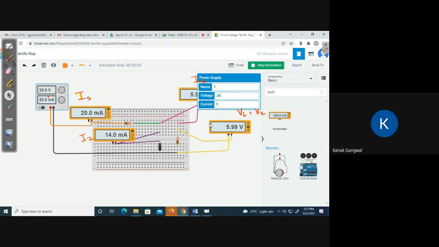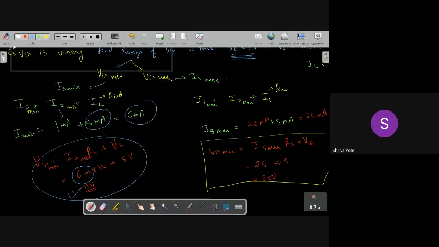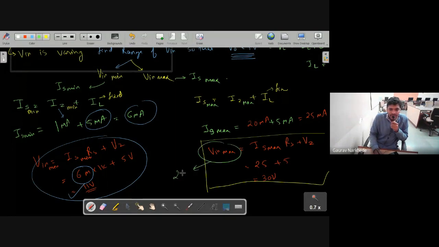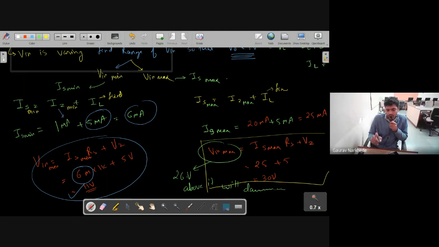समझ में आ रहा है? Yes, sir. ओके, इसका मतलब ये है कि this V in maximum as per the experimentation, it is how much? 26 volts, right? Above it will damage your diode? Yes, no? No, sir, diode will not get damage. Why diode will not get damage?